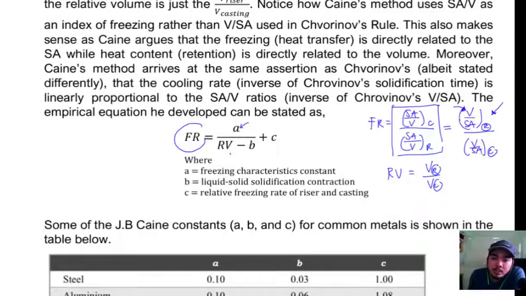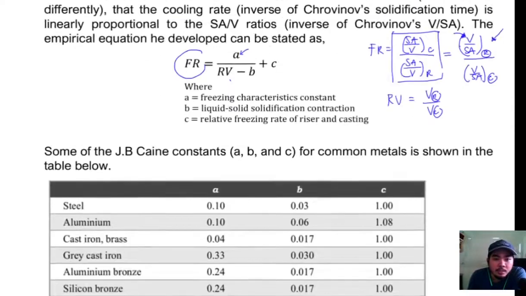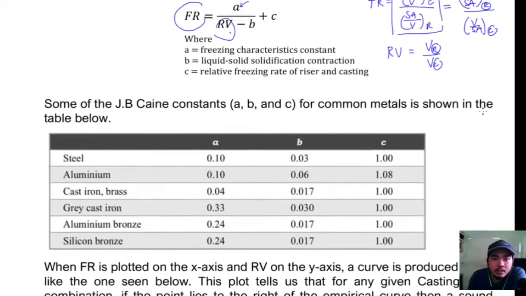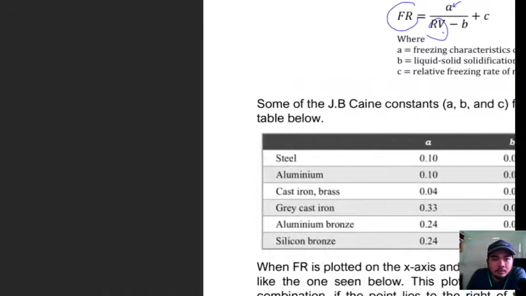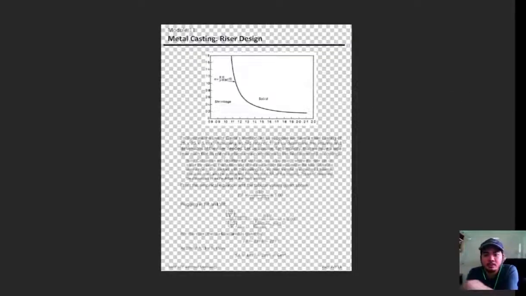Okay, so there are textbooks that gives you some of the JB Caine constants, no? And these are just some of the common metals. Ito yung mga A, B, and C constants nila. And when we plot this freezing ratio versus relative volume, we get a graph that looks like, we get this type of graph now.